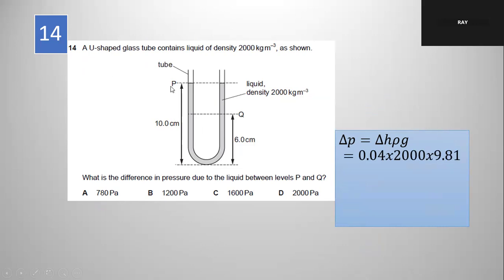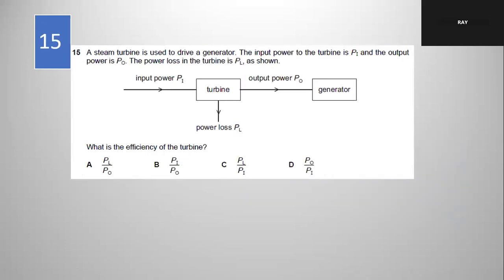This is 10. This is 6. So the height is 4 cm, change it to meter. Density is 2000. g is 9.81. This is memory work only. Nothing much can do.